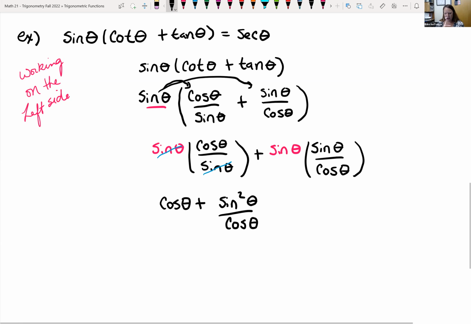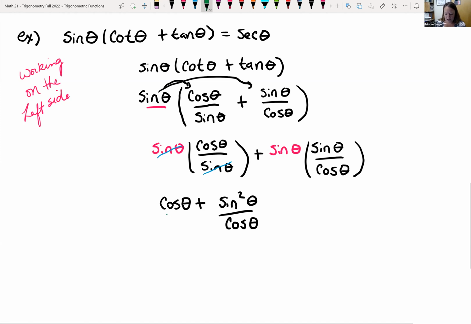So this hasn't really helped me much. It doesn't look like secant theta. One of the other tricks was rewriting multiple terms as a single fraction. So let's try doing that.